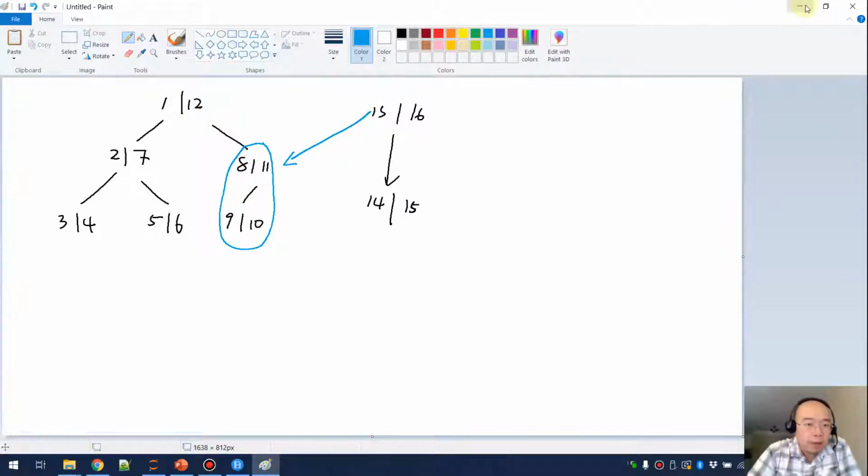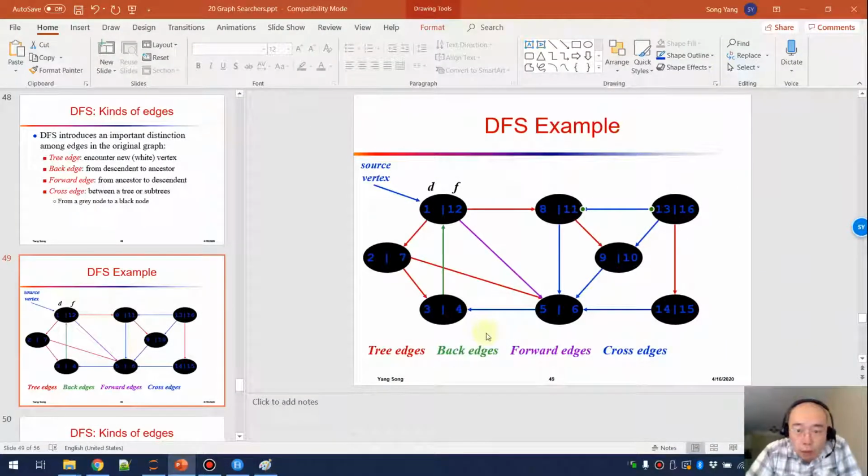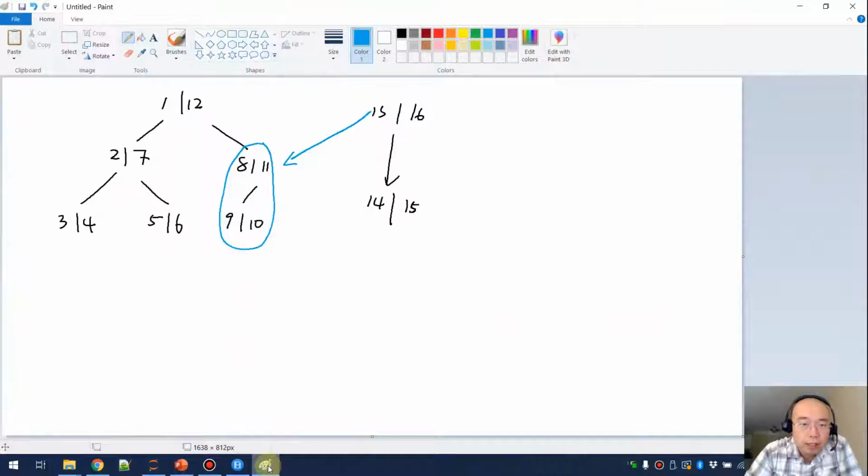And let me give you another example. How about 811 to 56? What is that? That is from a subtree to another subtree.